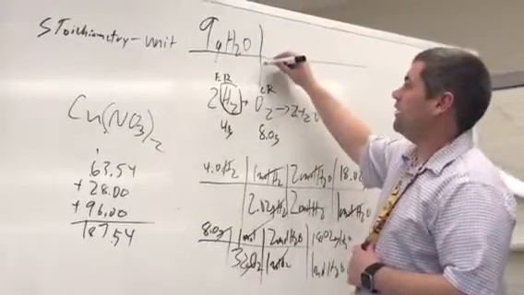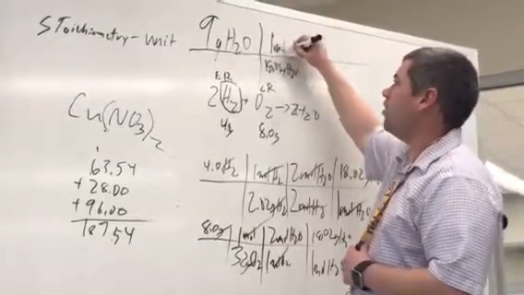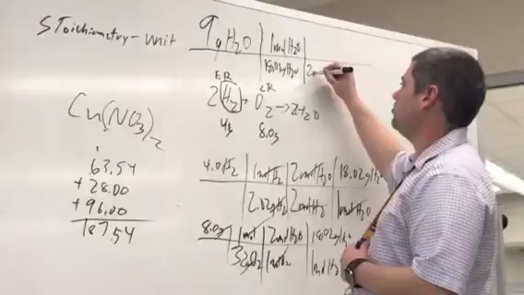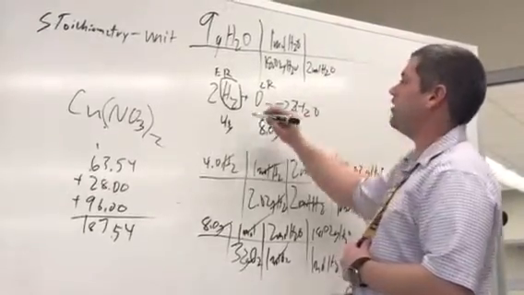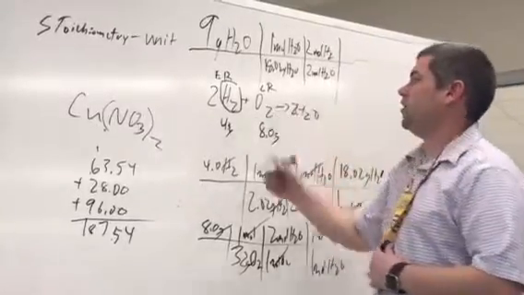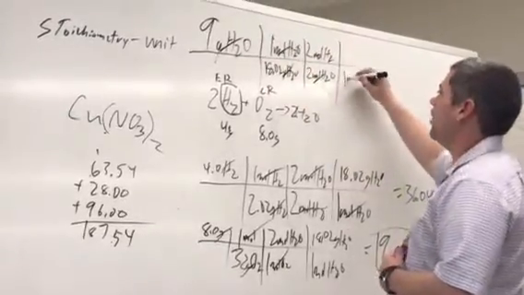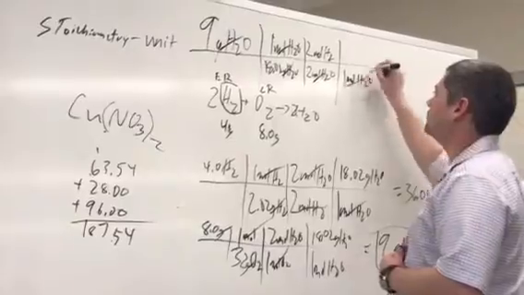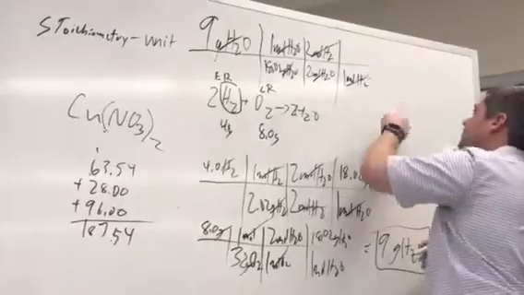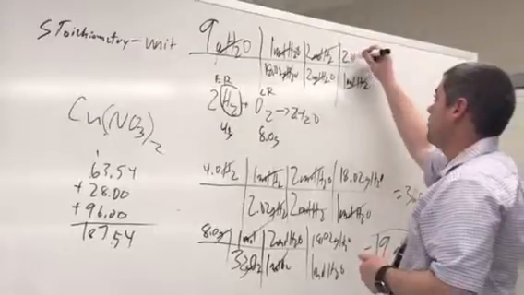18.02 grams of H2O equals 1 mole H2O. It's 2 moles H2O for every 2 moles of H2. Then cancel, cancel, cancel, cancel. I have H2, and the molecular mass of H2 is 2.02 grams.